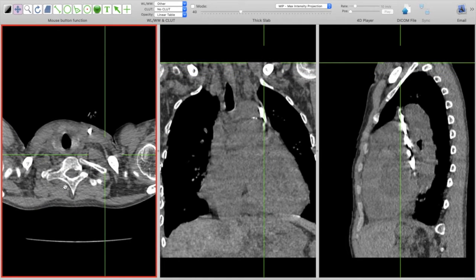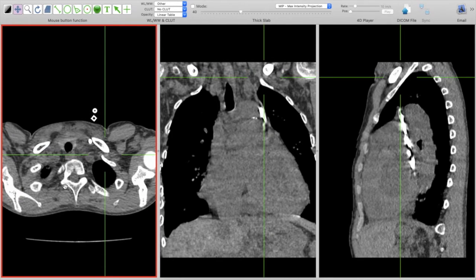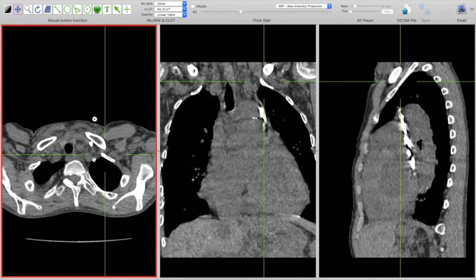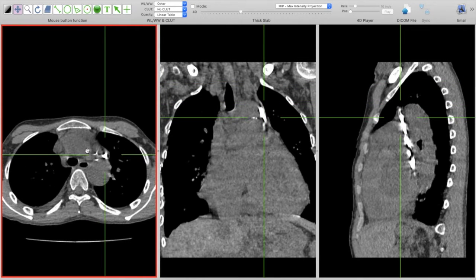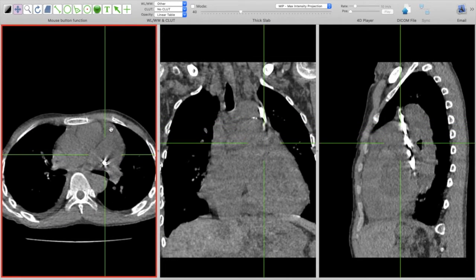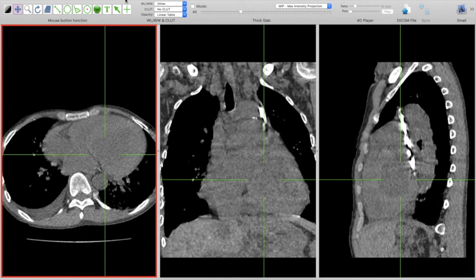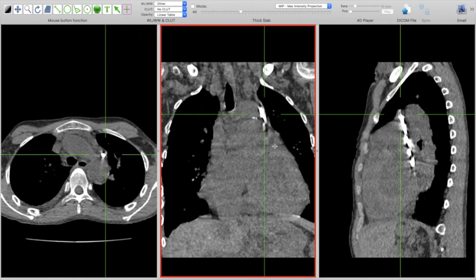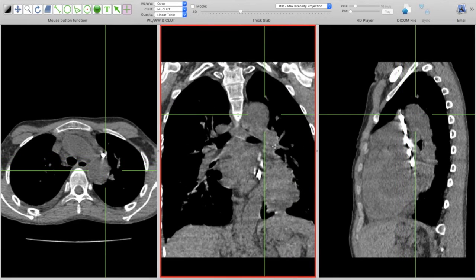On plain study, it can be seen that the central venous catheter traversing the left internal jugular vein, lateral to the aortic arch, with the tip within the coronary sinus. This also can be seen on coronal reformatted images. The tip is within the coronary sinus.